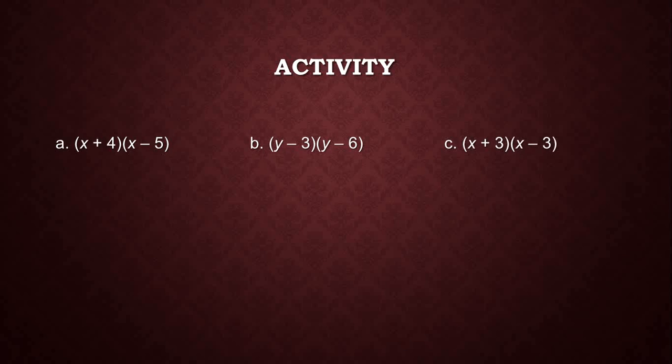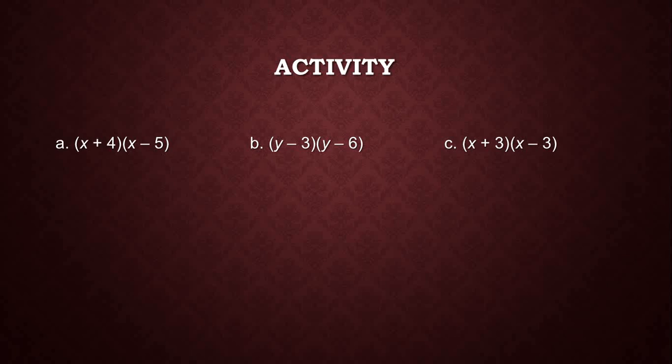The third is the bracket of x plus 3 multiplied by the bracket of x minus 3. The reason I'm giving you this is so that you can make sure you know how to multiply fully, in terms of the different signs and how they look. So please pause this video right now and work on this.